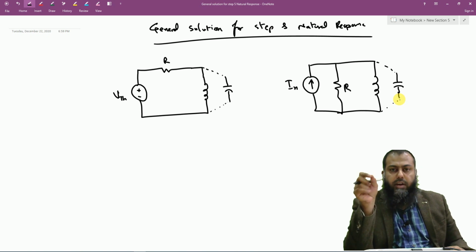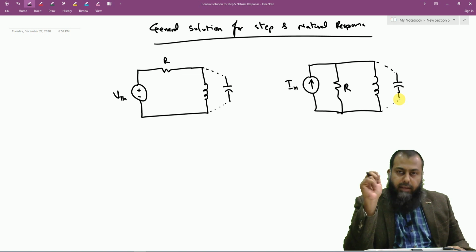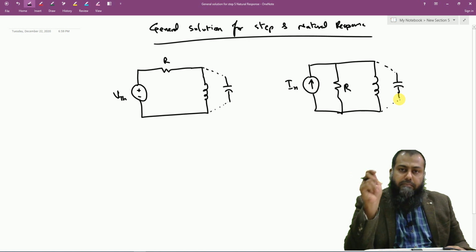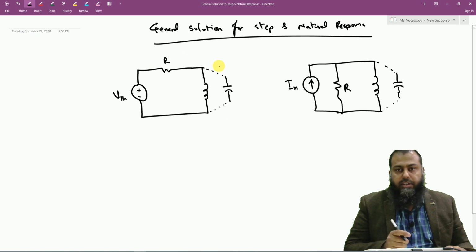It can be connected or disconnected with a current source. It can be connected or disconnected with a voltage source, and the circuit may have the inductance or it may have the capacitance available. So it is possible that we excite this circuit at some time instant t.